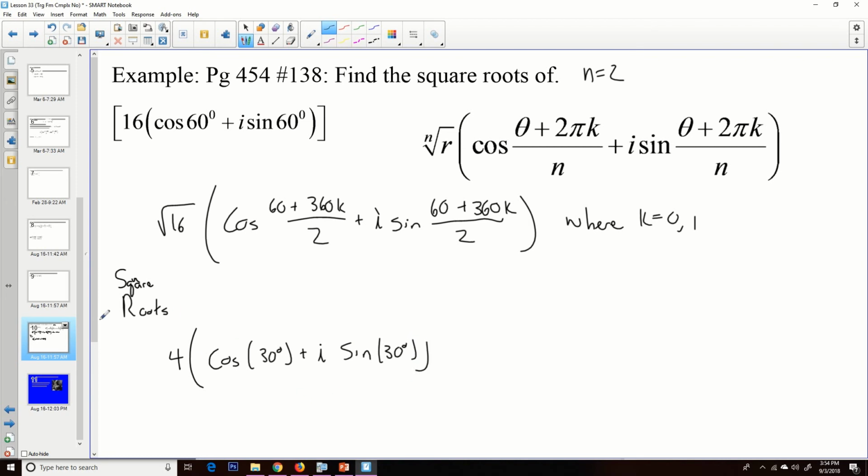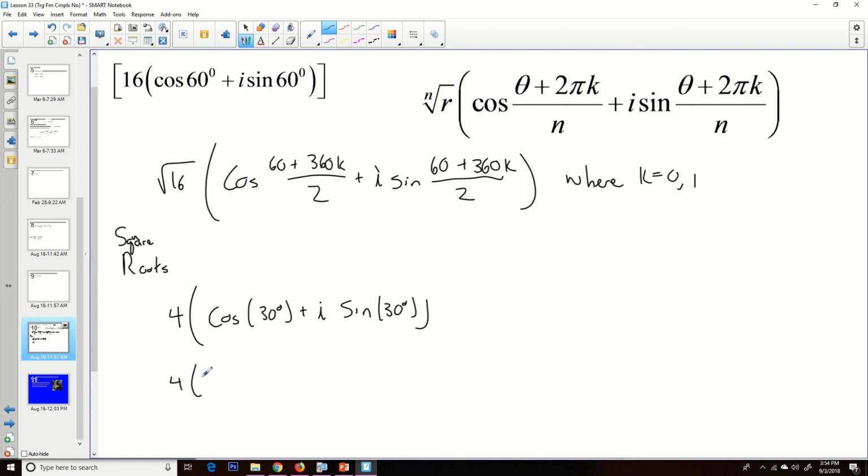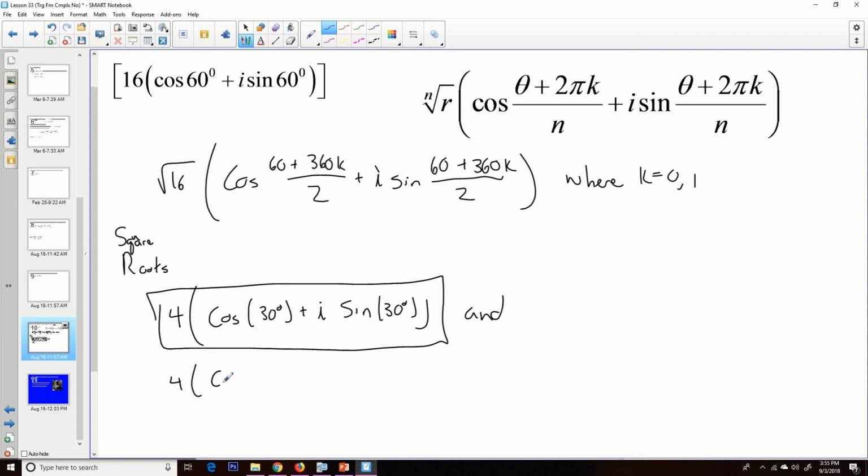And then our second root will again be 4, but this time, we'll put a box around this one right here. So it'll be the cosine of, let's see here, 60 plus 360, which is 420 all over 2, plus i sine of 420 all over 2.